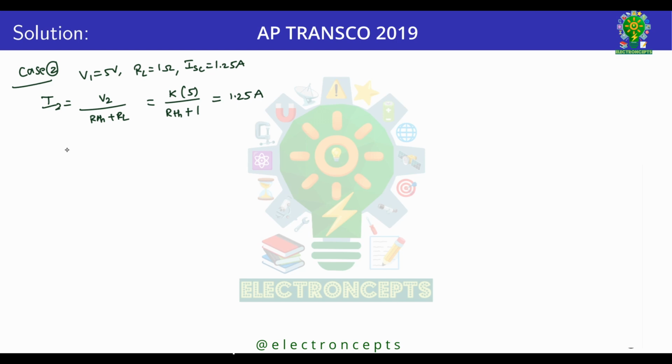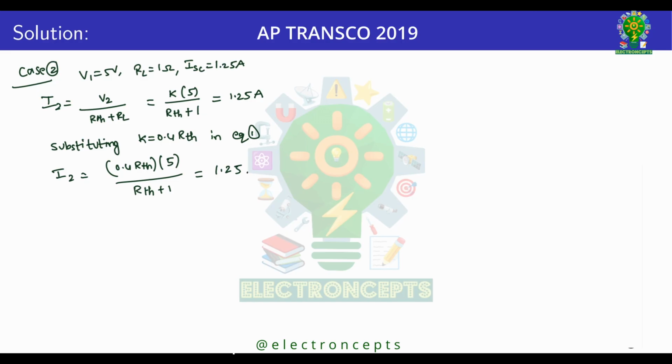Substitute K is equal to 0.4 into RTH from equation 1. We get I2 is equal to 0.4 RTH into 5 divided by RTH plus 1, which is equal to 1.25 amps.